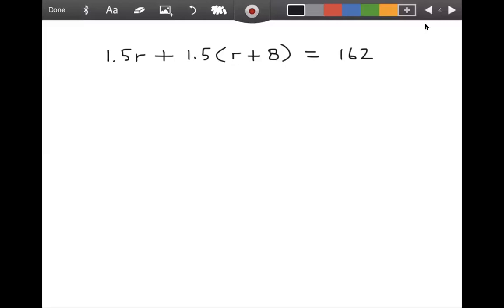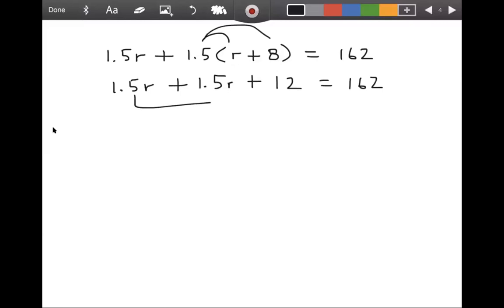All right, so here's our equation. I'm going to distribute the 1.5, which is going to give me 1.5R plus 1.5R plus 1.5 times 8, which is 12, equals 162.